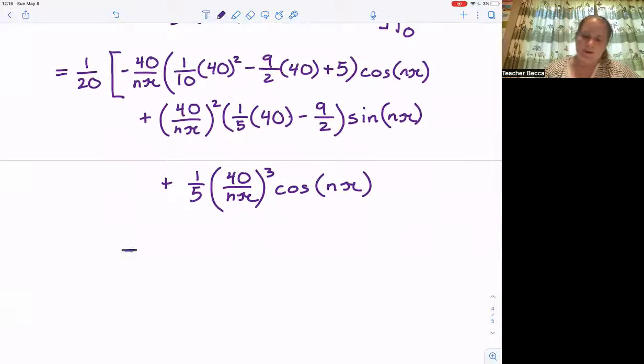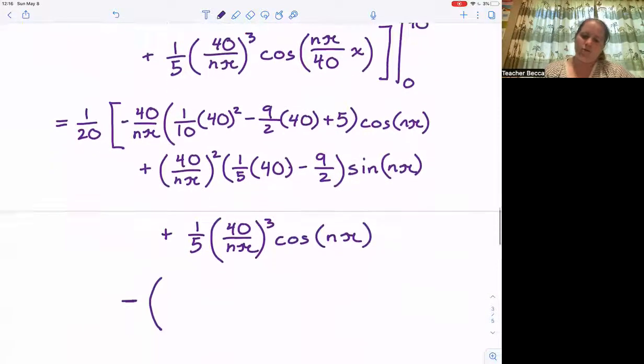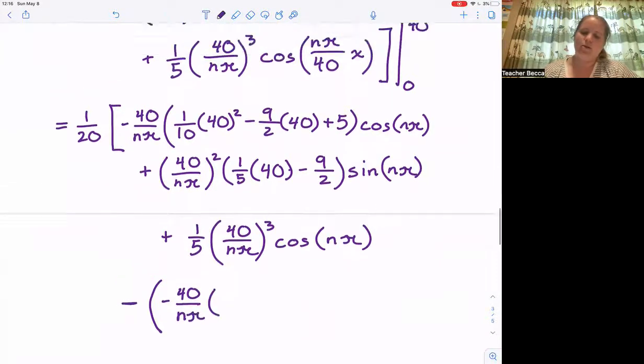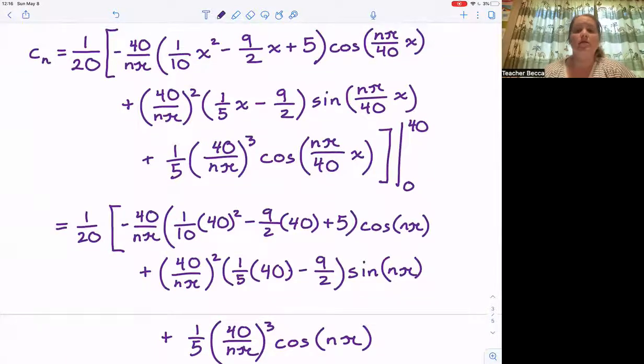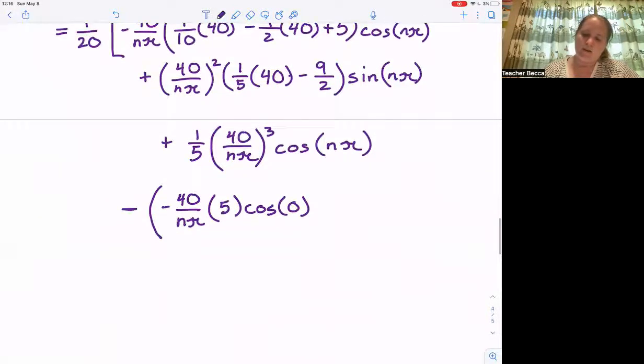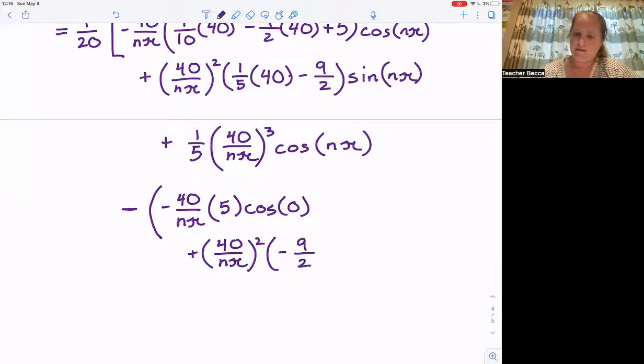Then we will subtract off. We would have a negative 40 over n pi. If we plug in 0 to our quadratic, 1/10 x squared minus 9/2 x plus 5, we just get 5 times cosine of 0. Then we have a plus 40 over n pi squared times, if we plug in 0 to 1/5 x minus 9/2, we wind up with a negative 9/2.